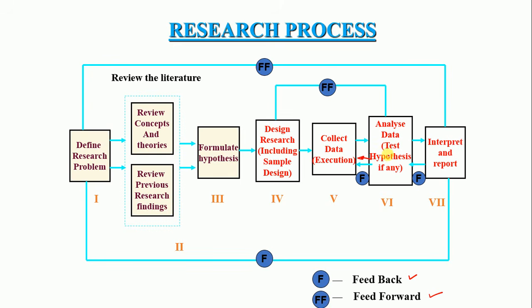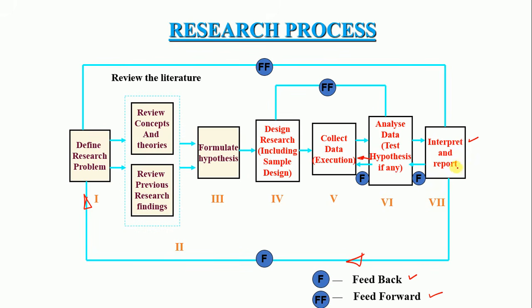So here this forms a loop, we can take feedback and move forward. After the hypothesis becomes correct, then we go for a conclusion, whether the conclusion comes correct or not. If some other conclusions are coming, then again you can give feedback to the analysis of data, and from that again you can go for collecting the data. At the same time, there is a feedback from what? From report to the research problem. Here it comes.